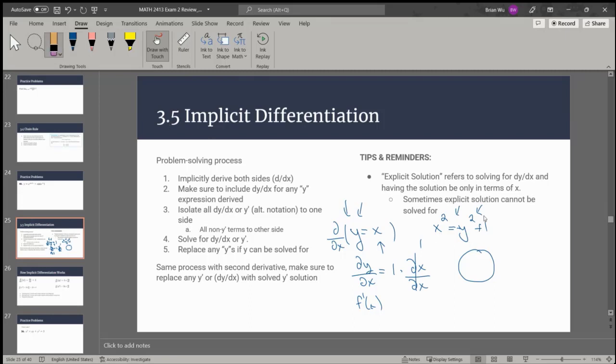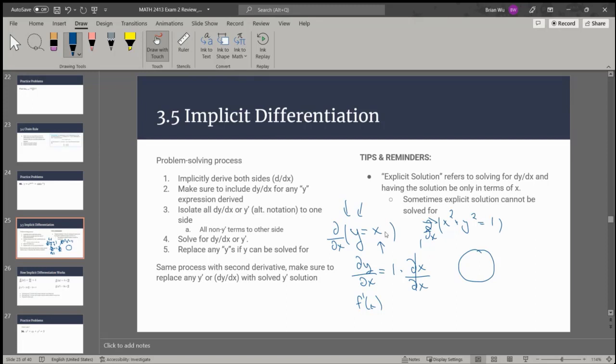So let's do it on this equation, the equation for a circle. You apply the derivative, d over dx. When you're deriving any y expression, just like we saw here, the dx's are going to cancel, so you don't have anything there. You're just going to derive as normal. But for any y expression, you're always going to include dy over dx.